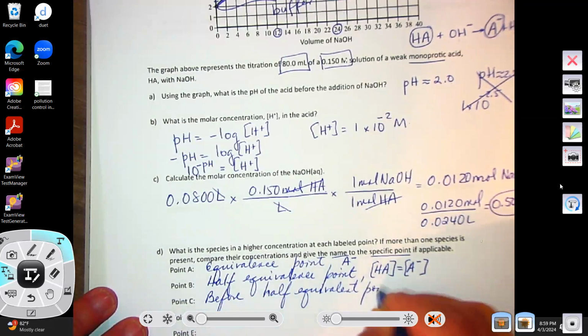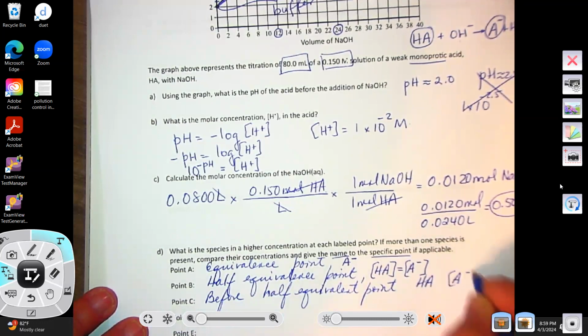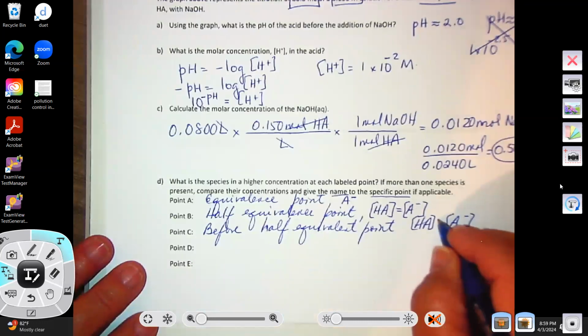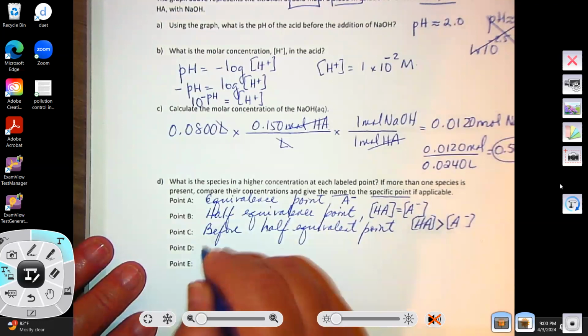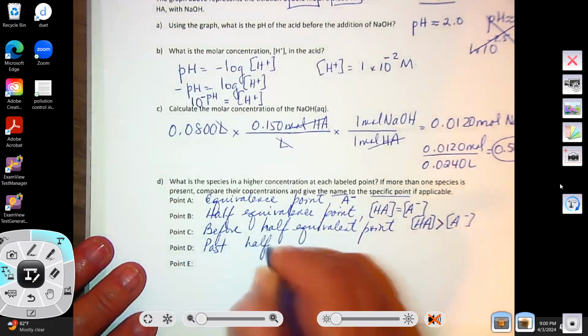So during that time, you do have both the acid and the conjugate base. Remember, sodium hydroxide is your limiting reactant. However, you still have more acid than conjugate base because you have not reached the half. Point D is past half of the equivalence point.